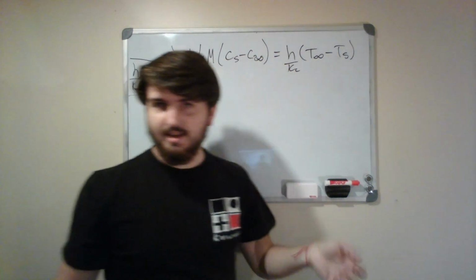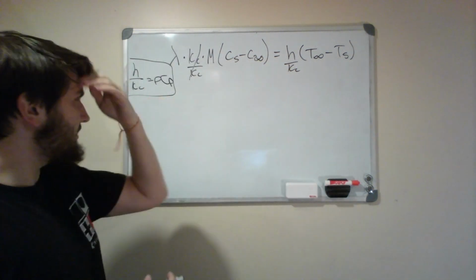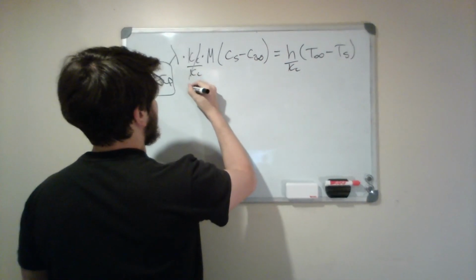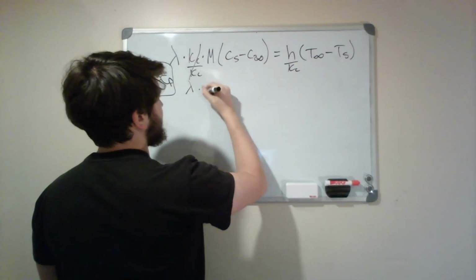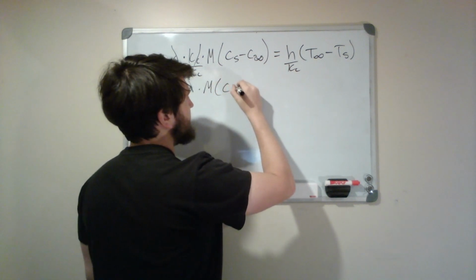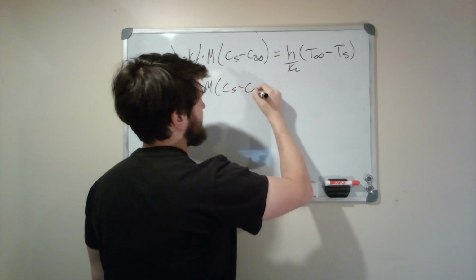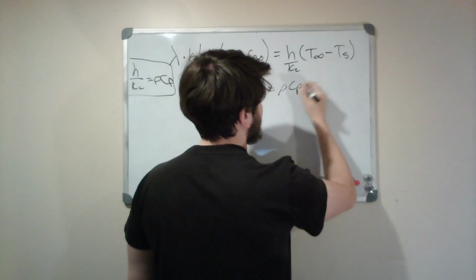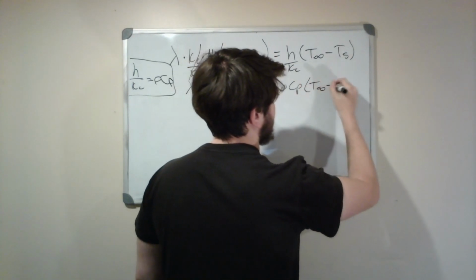Now, Cp is the heat capacity here too, and that's the density, but with that we can go ahead and change that here, and we're going to rewrite this as that heat of vaporization times the molecular weight times the concentration on the surface, concentration far away, equals that rho Cp, the temperature far away and close to.